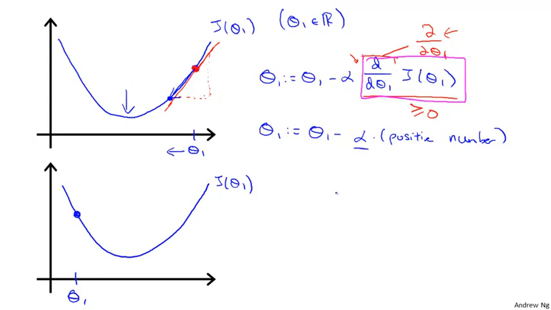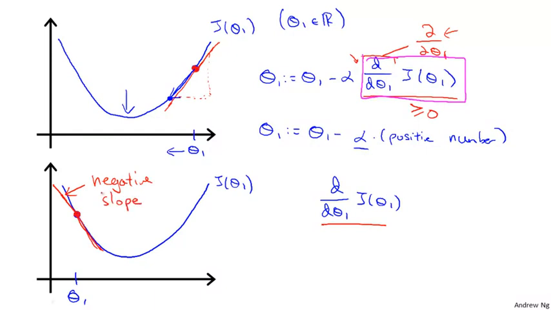Now, my derivative term, d/d theta 1 of J of theta 1, when evaluated at this point, is the slope of that line. But this line is slanting down, so this line has negative slope. Alternatively, I say that this function has negative derivative, which just means negative slope at that point. So this is less than or equal to 0.